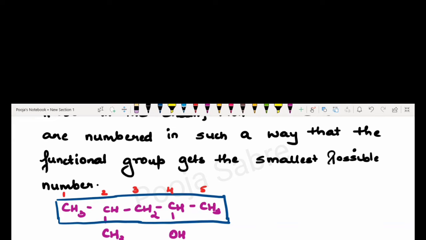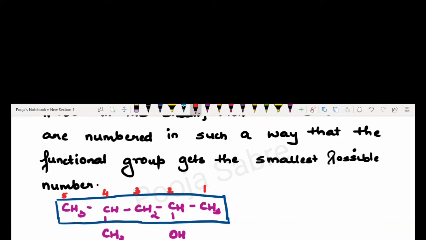Clear? Let us write down now from right to left. So this is my 1, 2, 3, 4, and 5. Right to left, the position of OH is second, whereas the position of CH3 is what, children? The position of CH3 is 4.